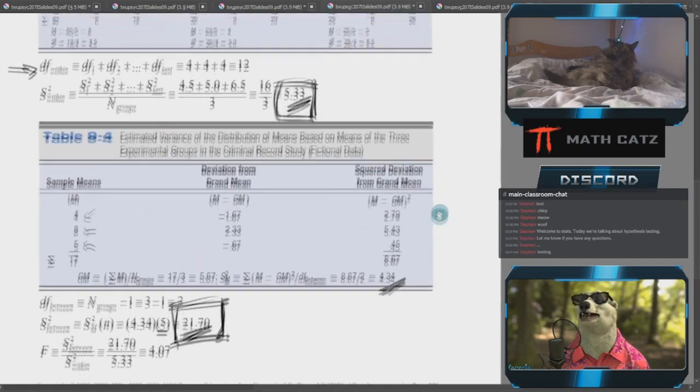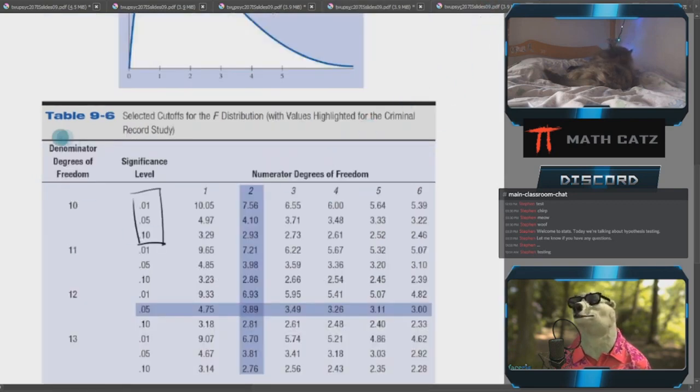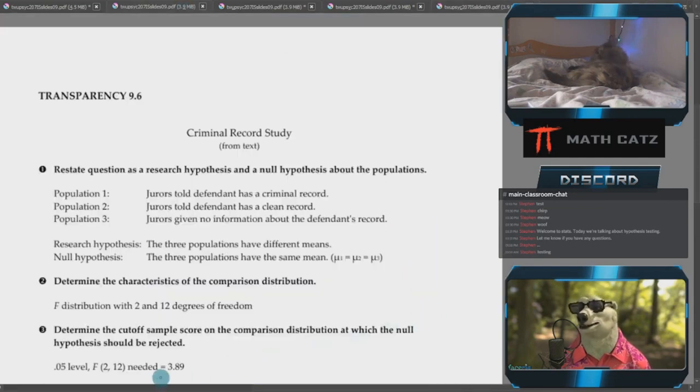In my F ratio calculation, that is the denominator, and the table says denominator degrees of freedom. So we're going to look at 12. Let's take an alpha of 0.05, and we see here that our cutoff score is 3.89. So it is important to remember what the degrees of freedom are, because that affects where I look it up in the table.